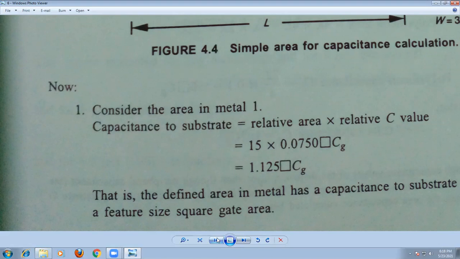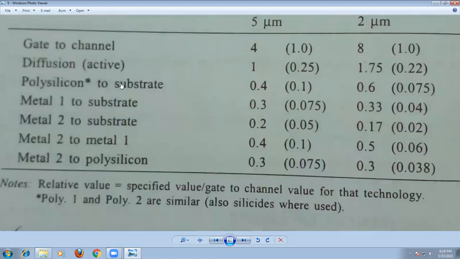From the table in 5 micrometer technology, metal 1 to substrate, the actual given value is 0.3 and the relative value is 0.075. Take this value, because we are going to calculate in terms of relative values.